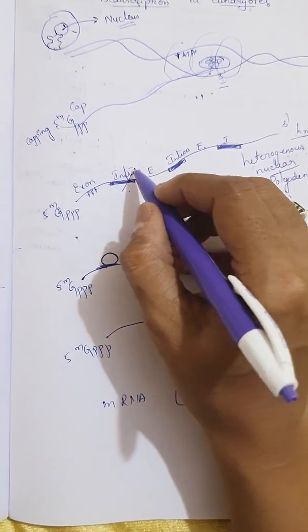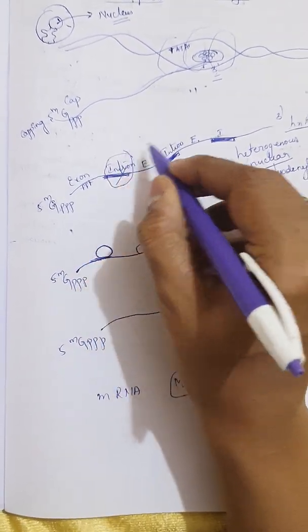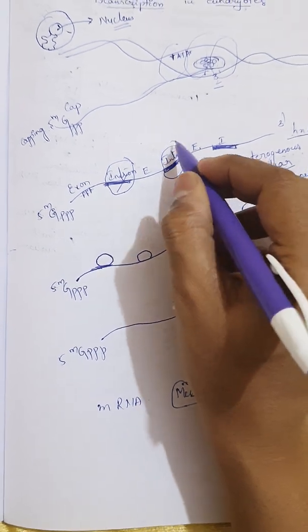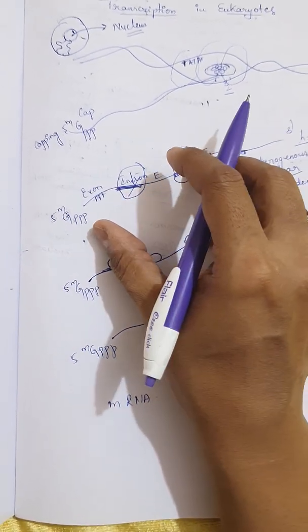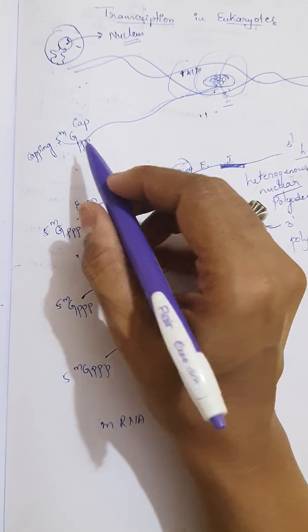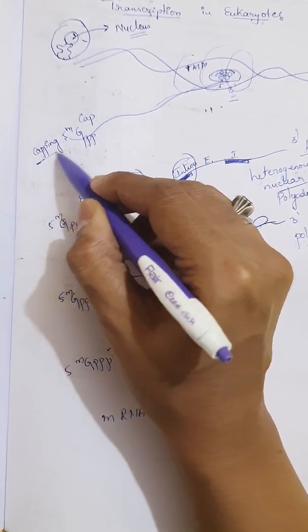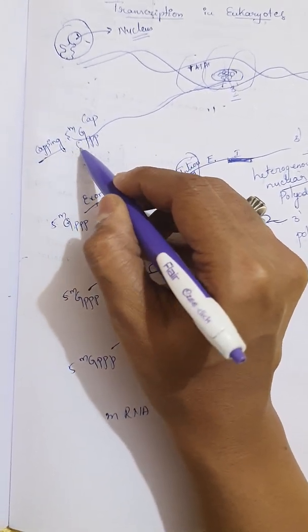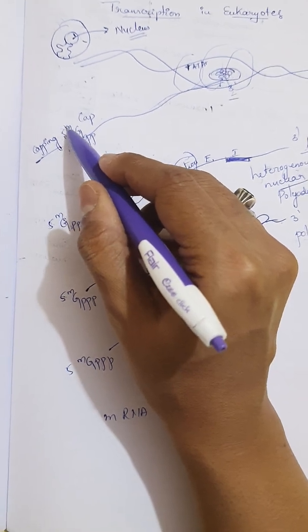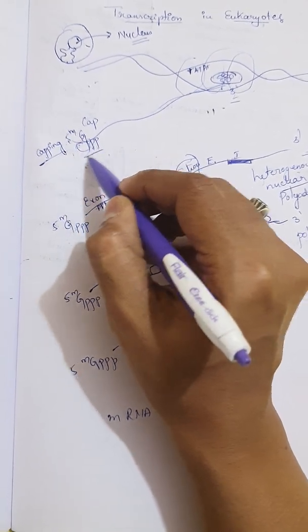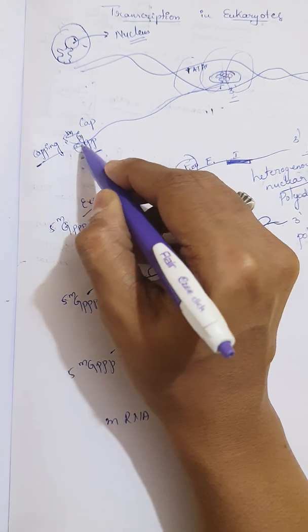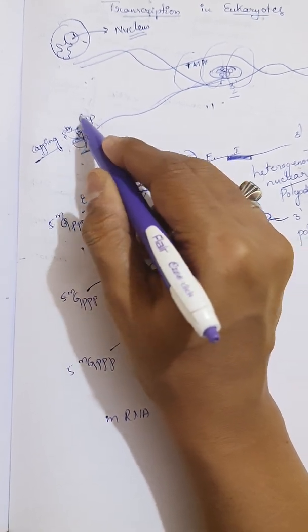Then what happens? They have to remove the introns. For this reason, the chain is processed. First, capping is done, meaning a cap like structure is made, that is 5-methyl guanosine triphosphate, which is considered a cap.